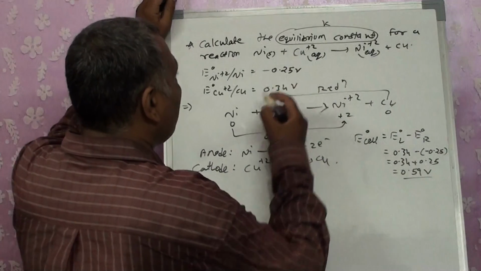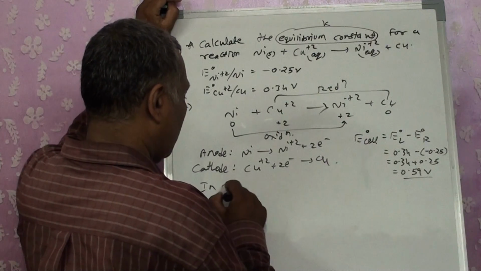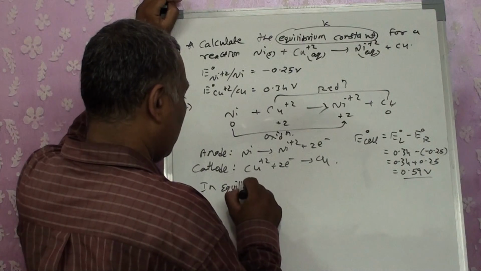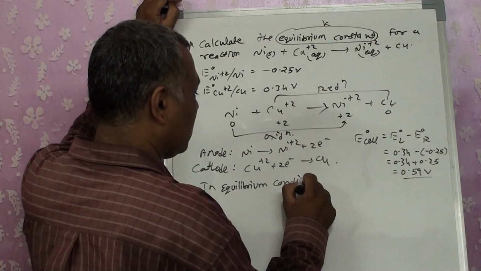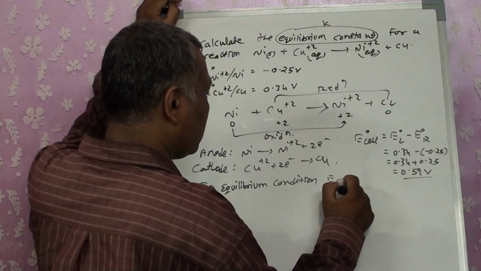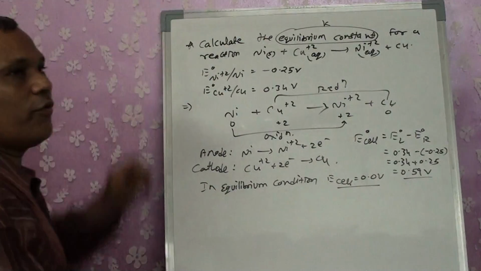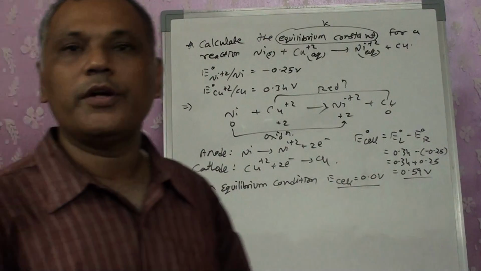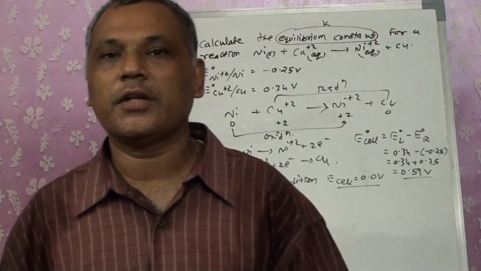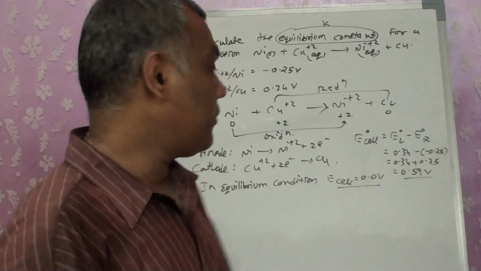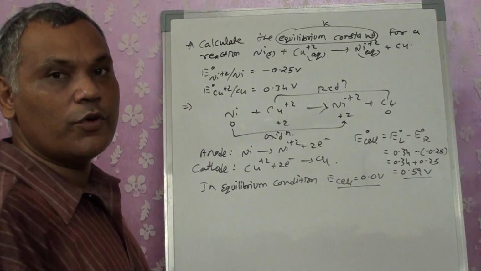Now we want to calculate the equilibrium constant. In equilibrium condition, E cell is 0.0 volt. In the last lecture we saw that E cell becomes 0.0 for a concentration cell; when it is in equilibrium, E cell will also become 0.0 volt.